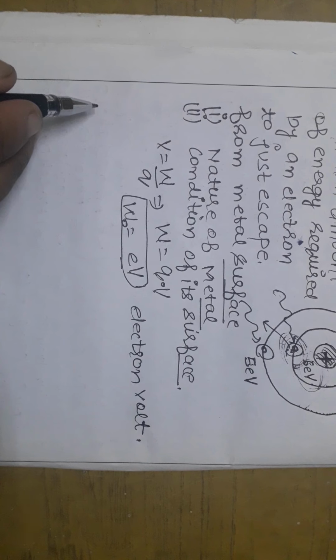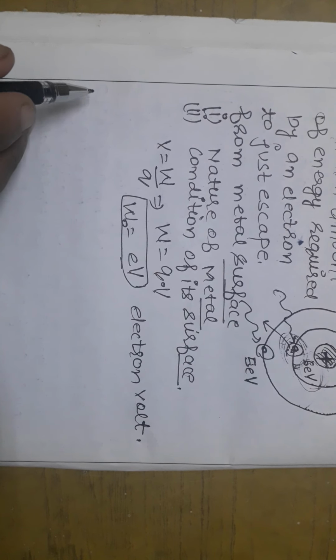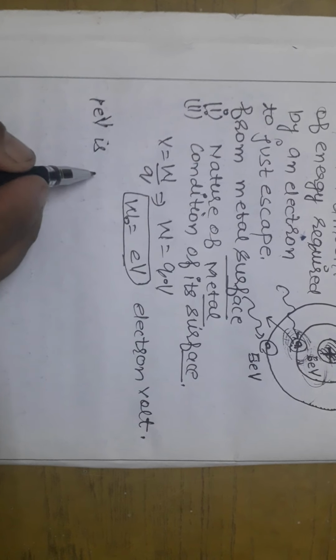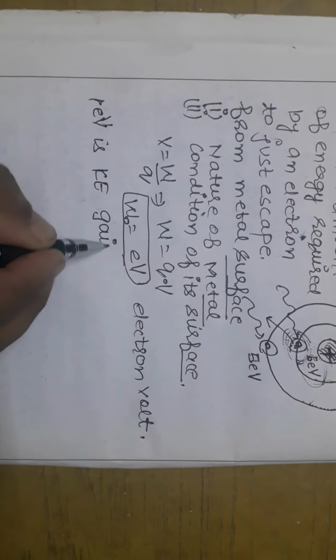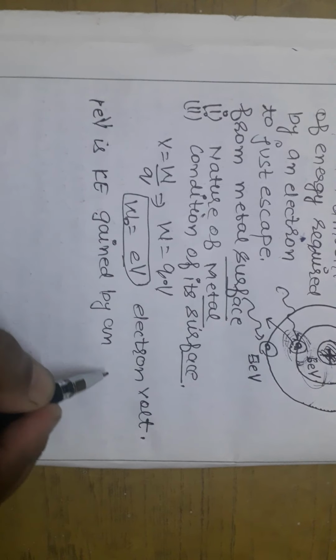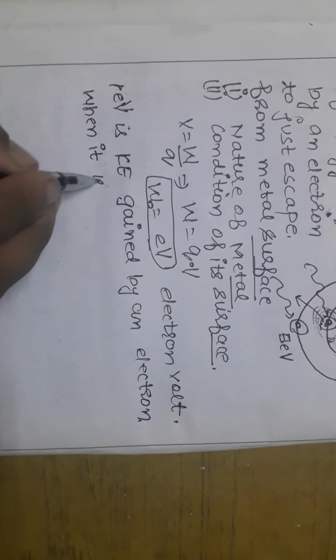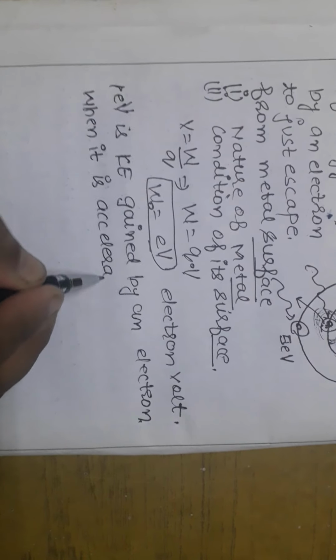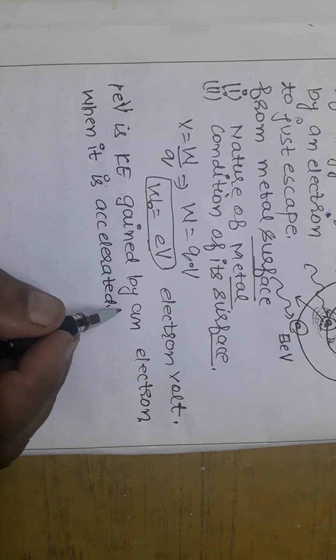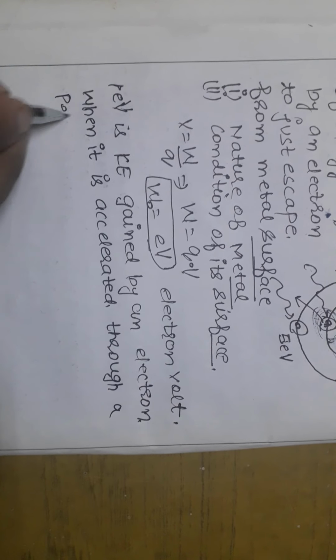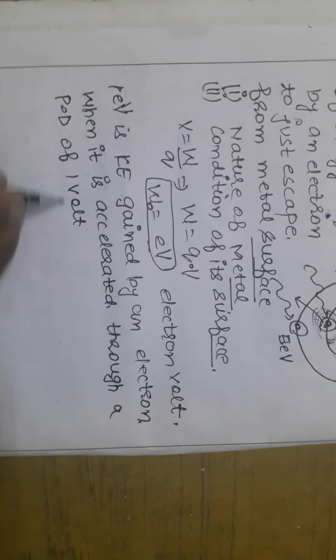It is the kinetic energy gained by an electron when it is accelerated through a potential difference of 1 volt.